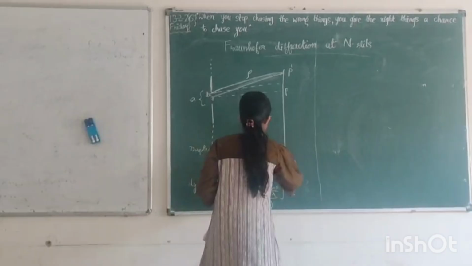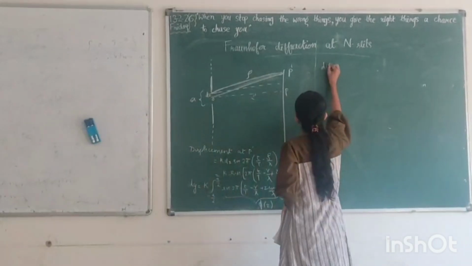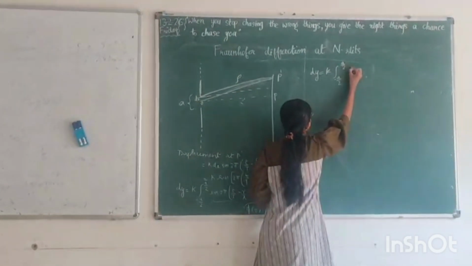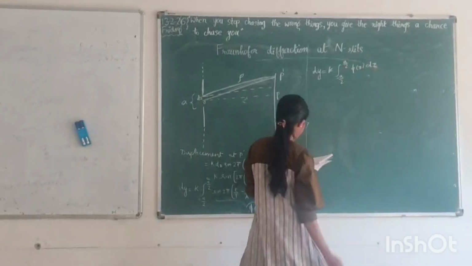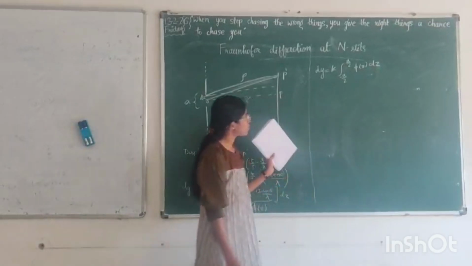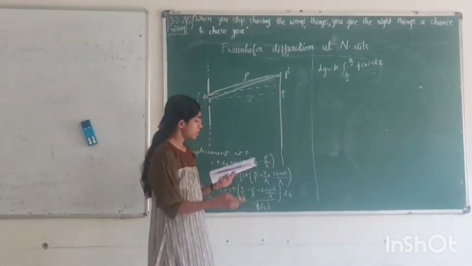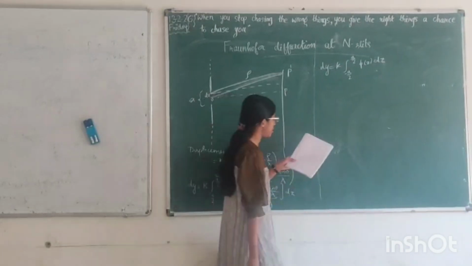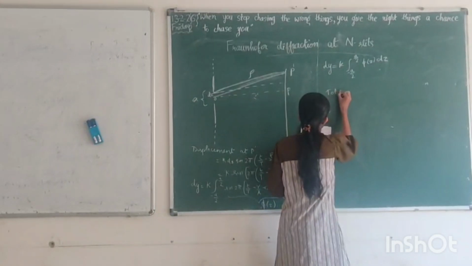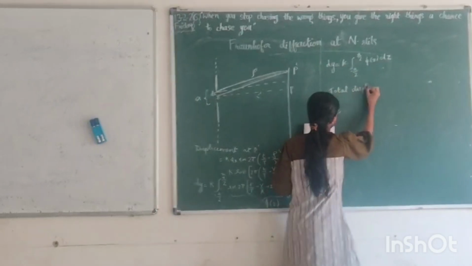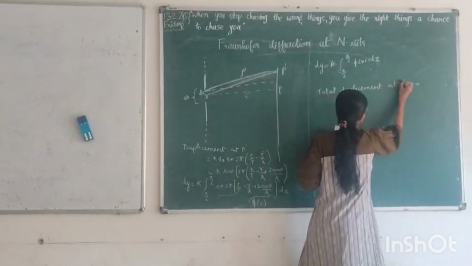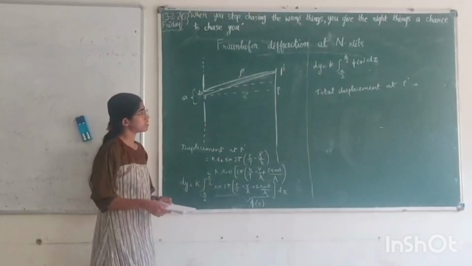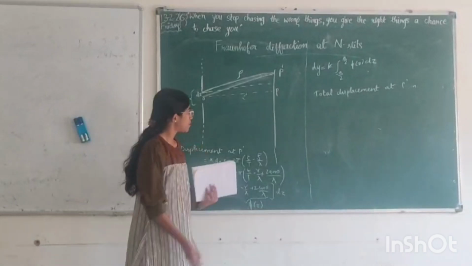So dy is equal to K into the integral from minus a by 2 to plus a by 2 for the first slit.